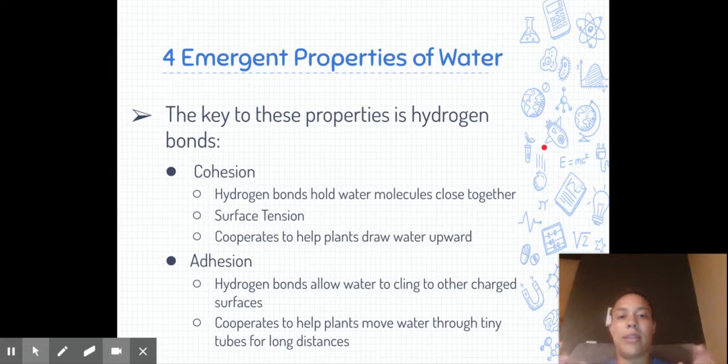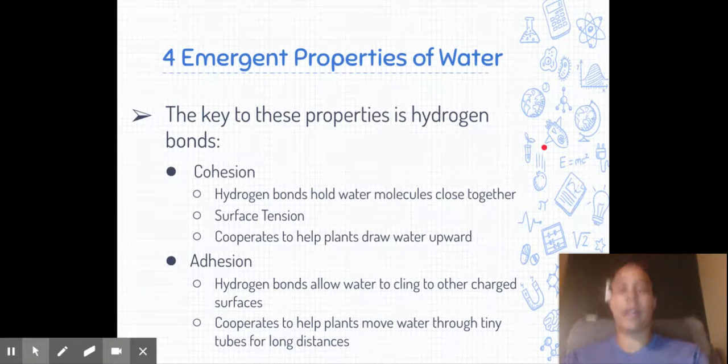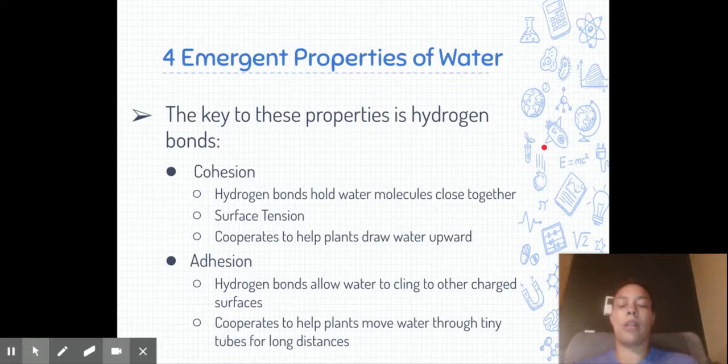Cohesion, the word co means that there's going to be multiple water molecules interacting with each other. So it's how water interacts with other water molecules. When water likes water, that's how we see the water droplets that form when we put them next to each other. And instead of seeing just like a flat surface, they link up together and kind of hold that spherical shape.